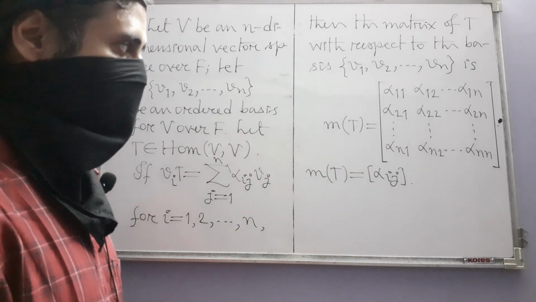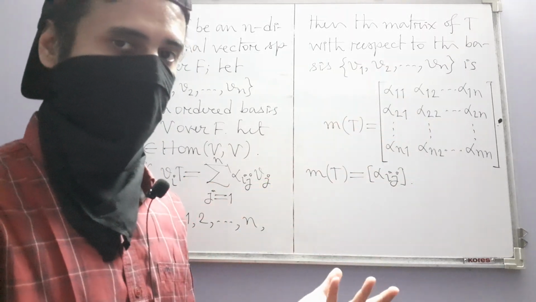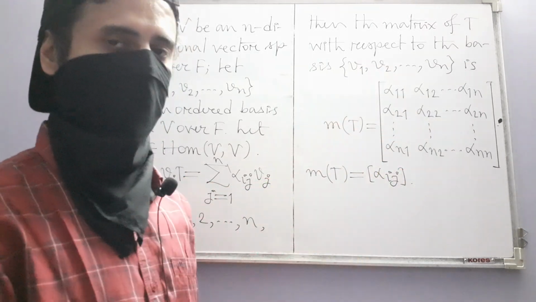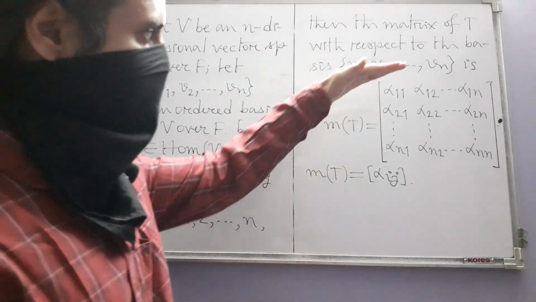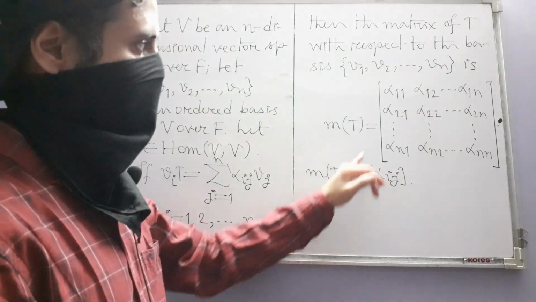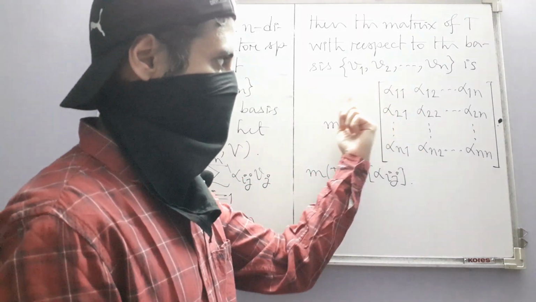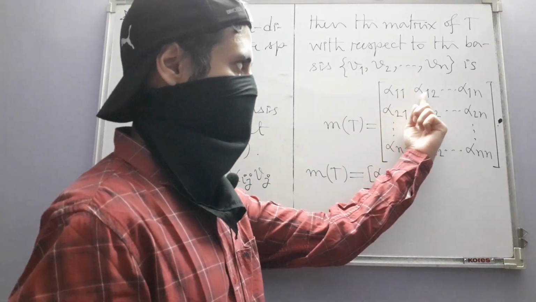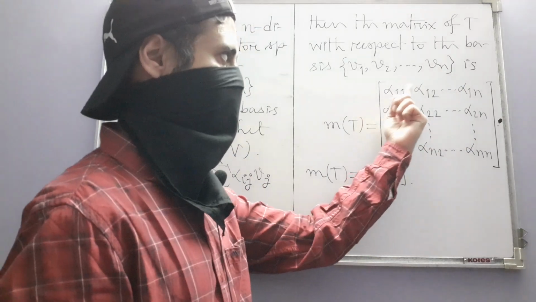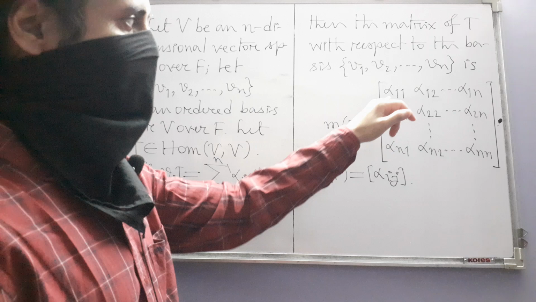Now, because of the way we have arranged the scalars as a rectangular array, it looks like a table, so naturally it has rows and columns, and accordingly they are also called so. For example, the first row consists of these entries, alpha 1 1, alpha 1 2, and so on up to alpha 1n.